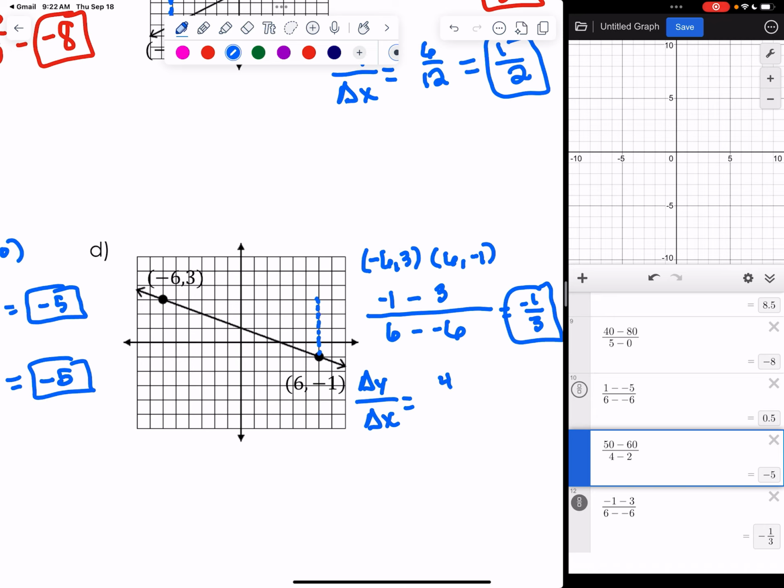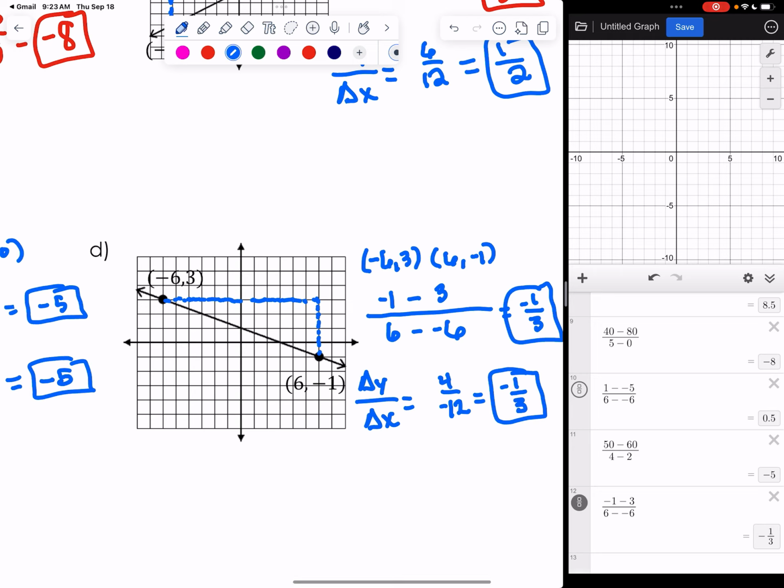So my change in y is 4 units. And then I'm moving to the left. 1, 2, 3, 4, 5, 6, and 8, 9, 10, 11, 12. I moved left 12. So that's negative 12. And then I can reduce that. And it does indeed reduce to negative 1/3.